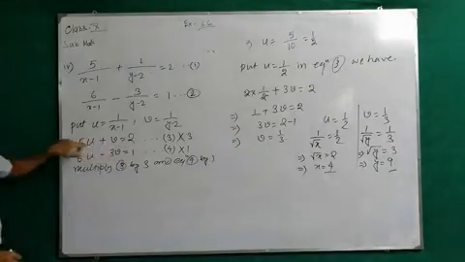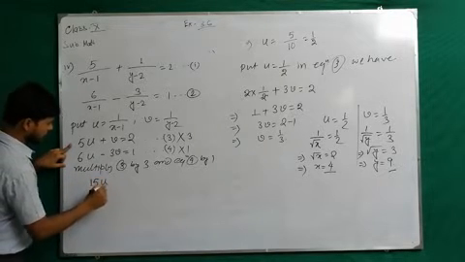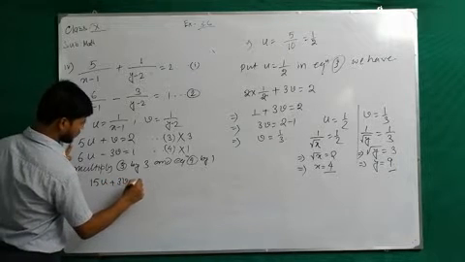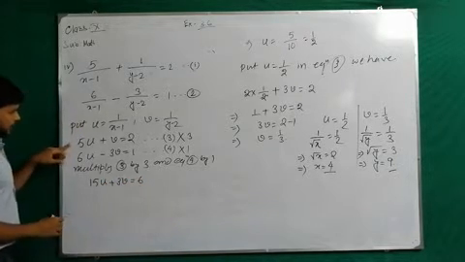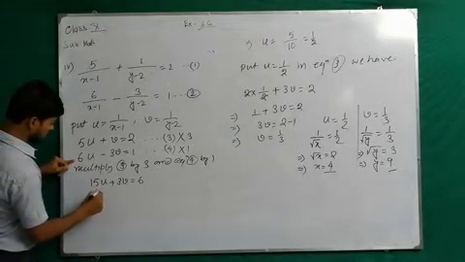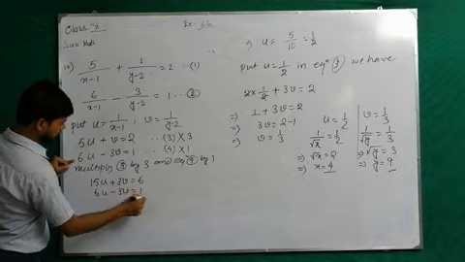So if I multiply this equation by 3, we have 5 3s are 15u plus 3v, which is equal to 3 2s are 6. And if you multiply this equation by 1, it will be 6u minus 3v is equal to 1.